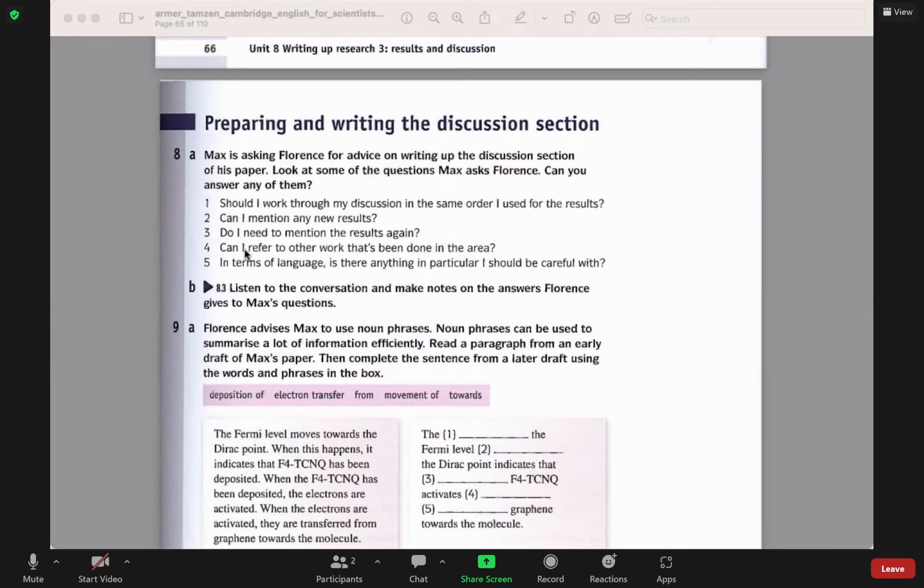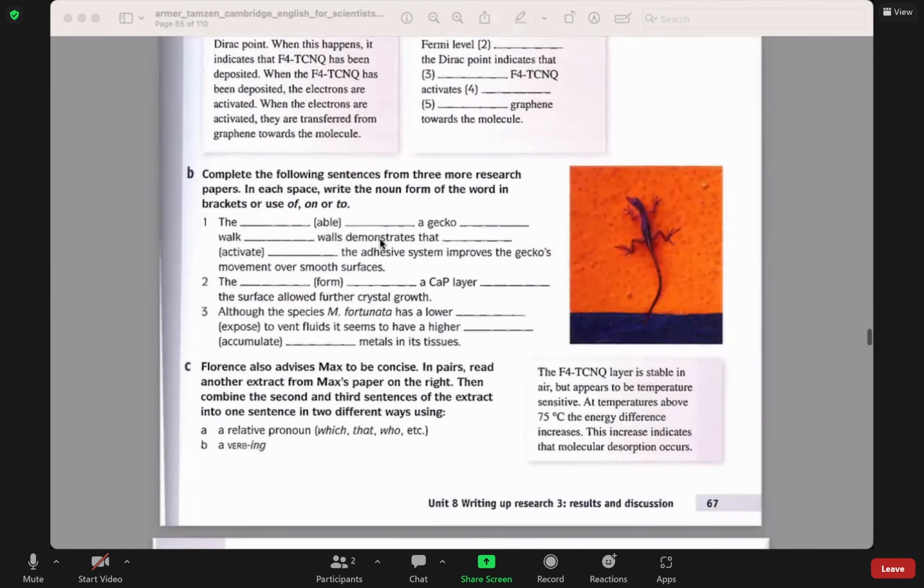Only this part. Don't you remember what she says? Do I need to mention the results again? What was her tip? It's to speak about the results briefly and not to repeat the same phrases. Yeah, you can use noun phrases to summarize the results or interpret the findings. Okay. Next one.